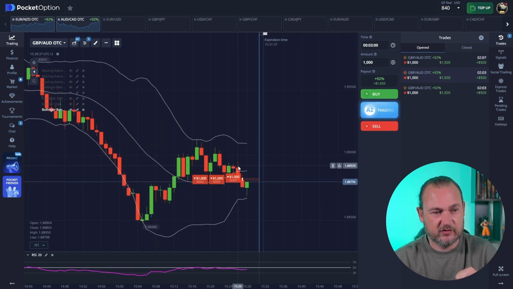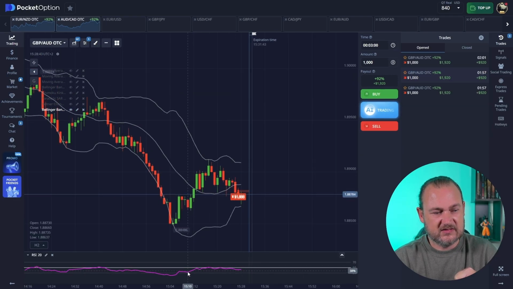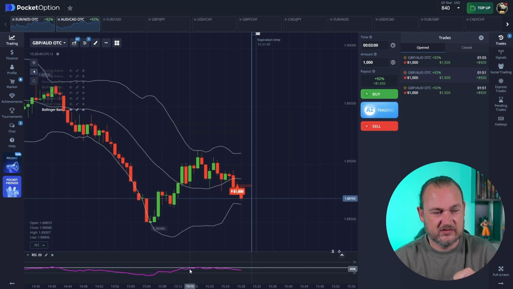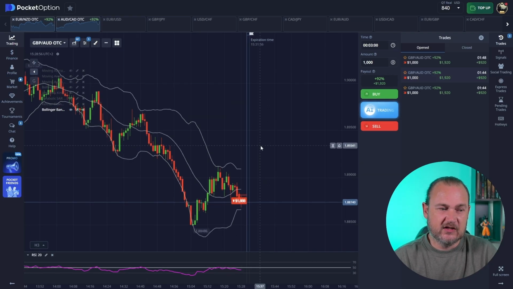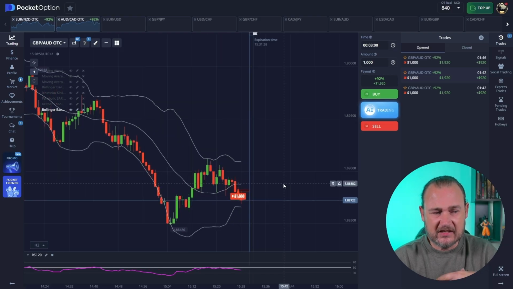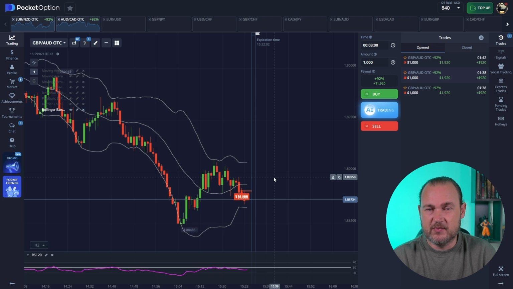And this candle here broke through the middle line. My RSI attempted to break the 50 area four times, 1, 2, 3, 4 attempts to break through the 50 line from below. It kept on failing, telling me that bearish momentum was being conserved.